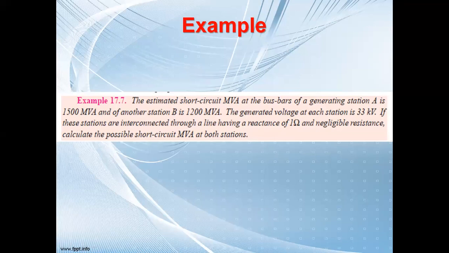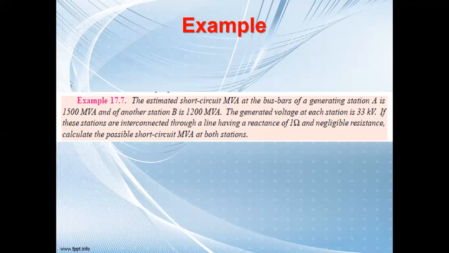In the problem statement, it is given that the estimated short circuit MVA at the bus bars of generating station A is 1500 MVA and of another station B is 1200 MVA. So these short circuit capacities are given.